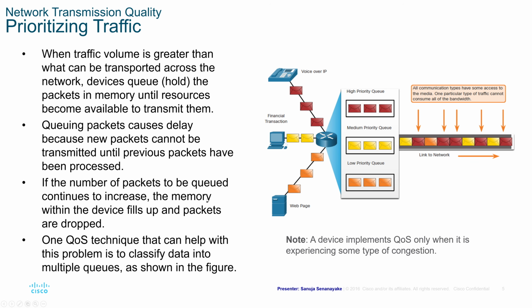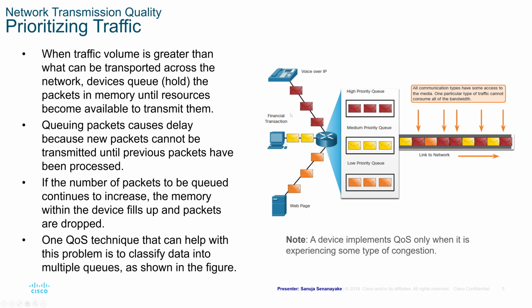One QoS technique that can help with this problem is to classify the data into multiple queues, as shown in the figure on the right-hand side. Remember, no network system anywhere in the world has been built with the bandwidth and transmission capabilities to transmit all the data all the time at a continuous 100% rate, because it is impossible to do.